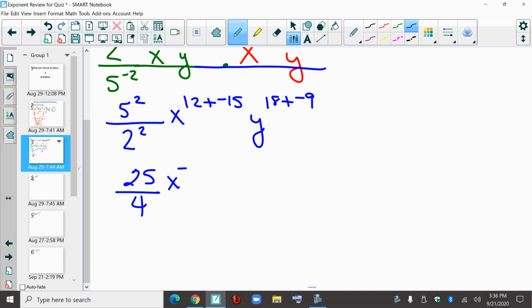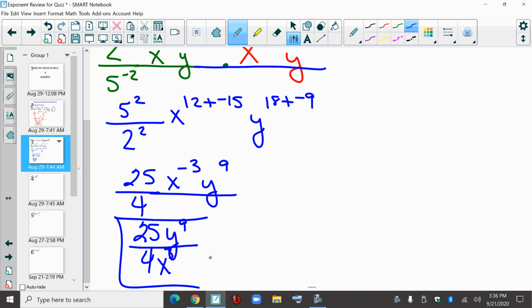That's going to be x to the negative 3, y to the 9th. Extend that bar. Play the game, should I stay or should I go? The 25 stays, the y to the 9th stays, the 4 stays, but the x to the 3rd goes to the bottom. And you are done.